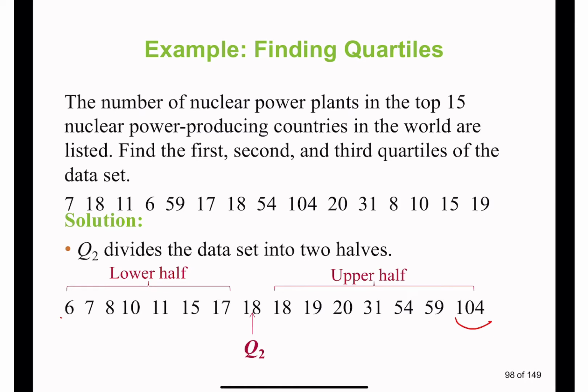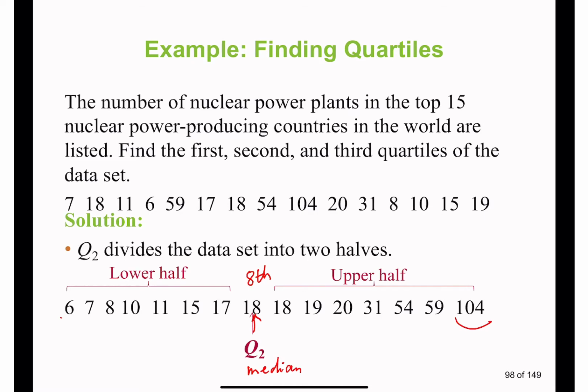So if we have 15, the 8th element is going to be your median, the second quartile, also known as median. That breaks into lower half and upper half.